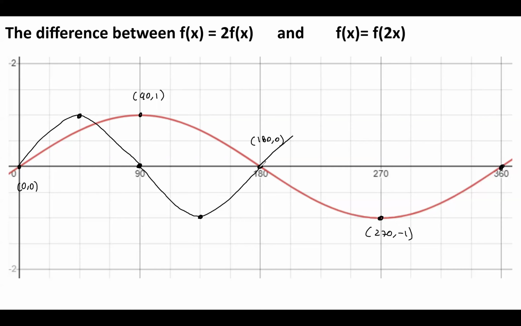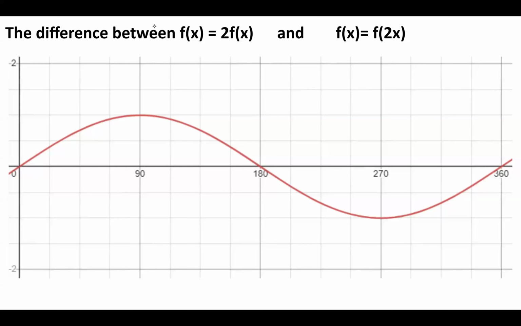And in effect, we are going to get 2 cycles. And that's really it. So if it's inside, we do the opposite to the x coordinate. So in other words, we are dividing our x coordinates by 2. And it makes sense because we are now getting 2 cycles in the same time frame, if we think about it like that.